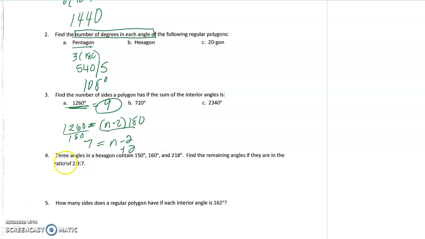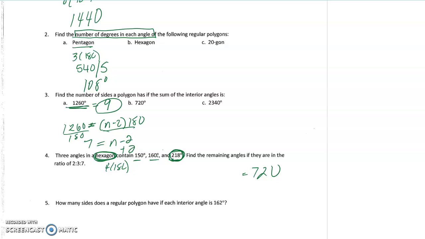And then let's look at this one. 3 angles in a hexagon are this, this, and this. Well, first of all, we need to know what shape. Hexagon, which means it has 4 triangles at 180. So 4 times 180 tells me its total is 720. Well, if you know one angle is 150, one's 160, and one's 218, that's kind of silly, that can't happen. But we're going to pretend.